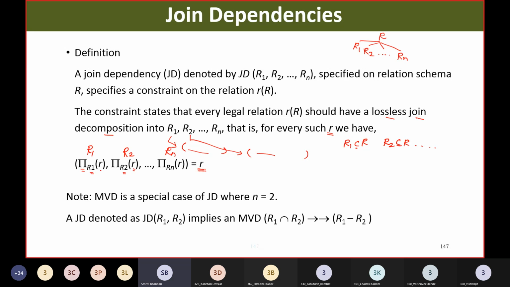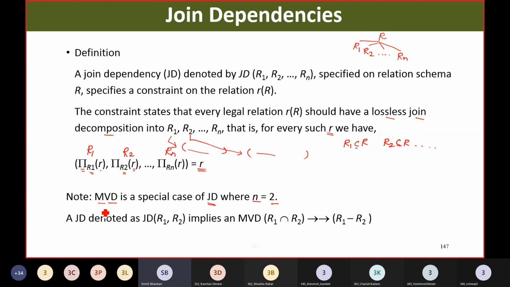Now, please note here that the multi-valued dependency that we have seen earlier is a special case of joint dependency where n equals 2. What is n? The number of relations in the decomposition. So multi-valued dependency is a special case of joint dependency where n is equal to 2.